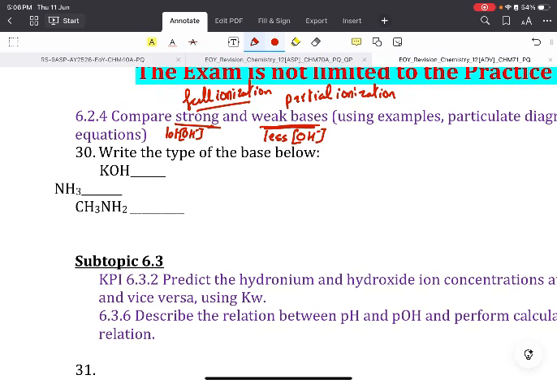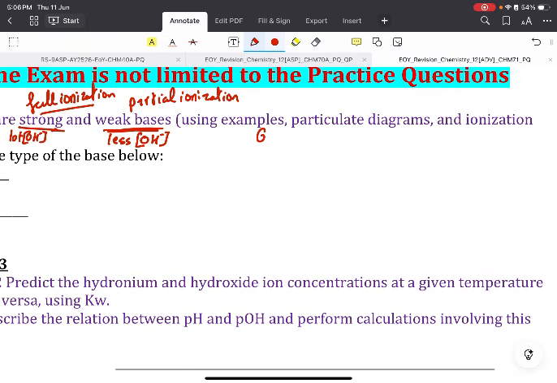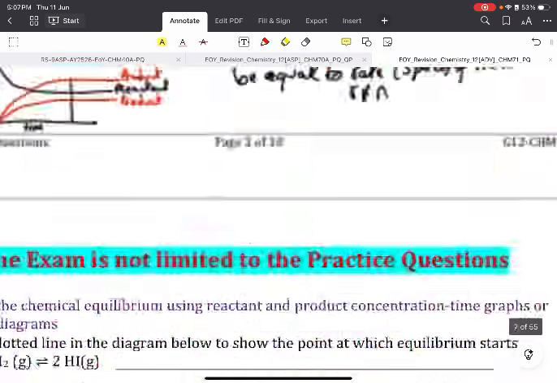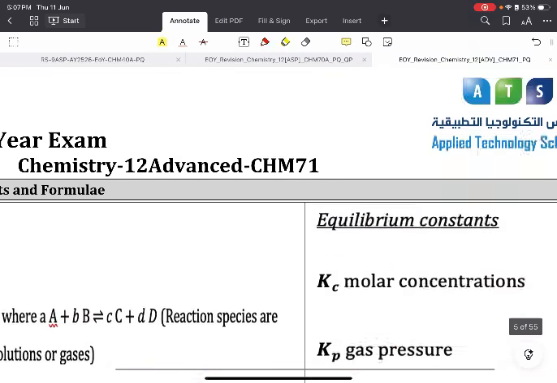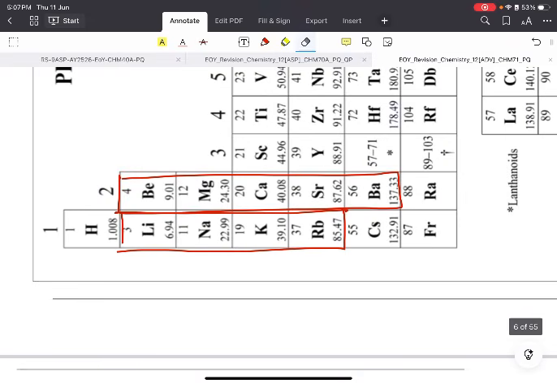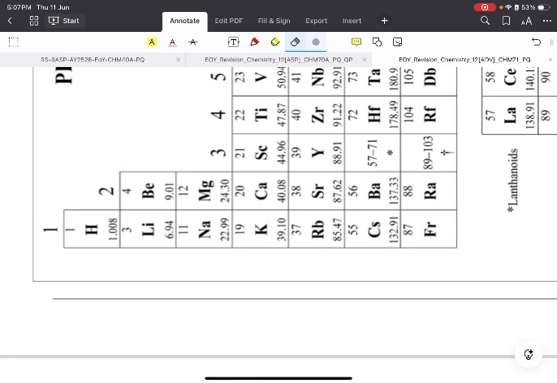Now, which are the bases that you should always remember? If you go to your periodic table, you have group 1 and group 2. Group 1 starts with hydrogen, lithium, sodium, potassium, rubidium, and cesium. These are the metals of group 1, and down here, these are the metals of group 2.